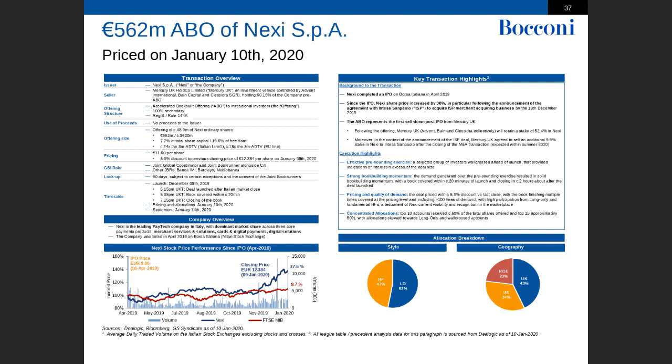So de facto, you call a highly selected number of investors. You tell them that there is a transaction that could come up in the marketplace in a few days' time. And if they want to know more, there is a non-disclosure agreement to be signed. If they want to be involved in the transaction, they sign the non-disclosure agreement. We unveil what we have in mind, and they are technically wall crossed.